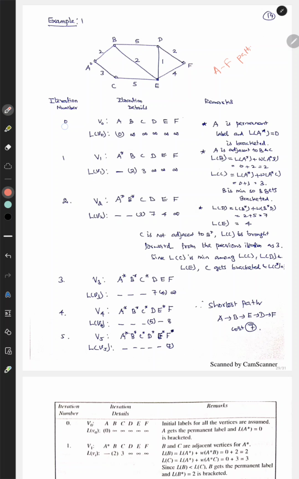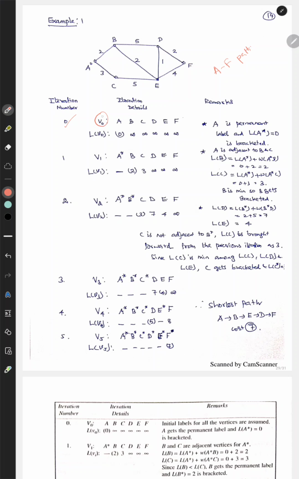We start at iteration 0, where we give the details of the vertices. We'll be labeling the vertices in each iteration, and we'll remove one vertex in each iteration, from one iteration to the next.